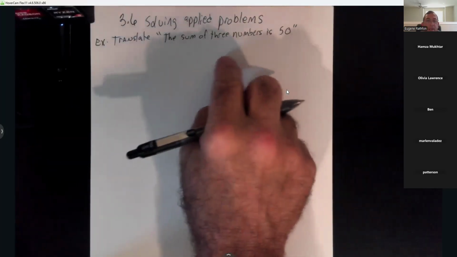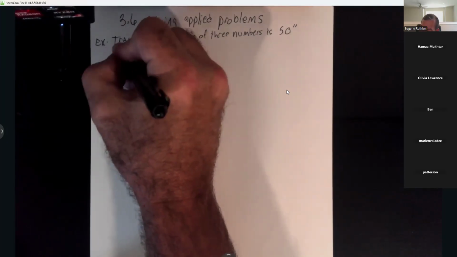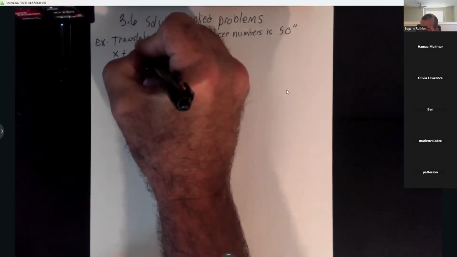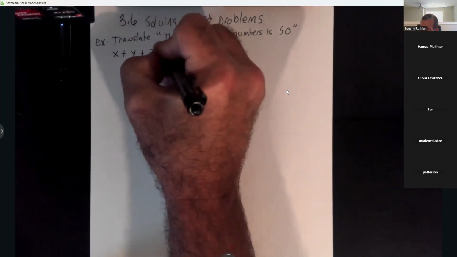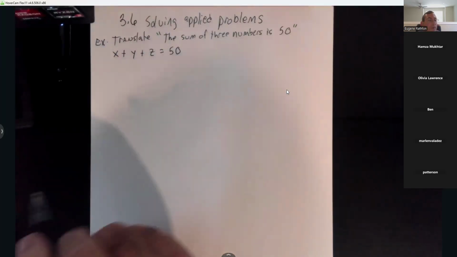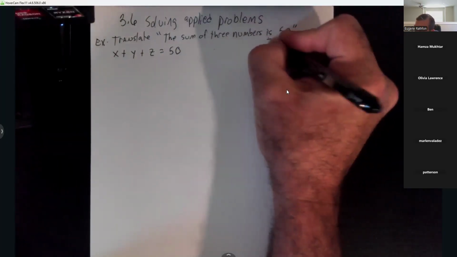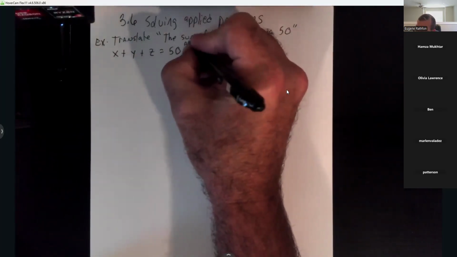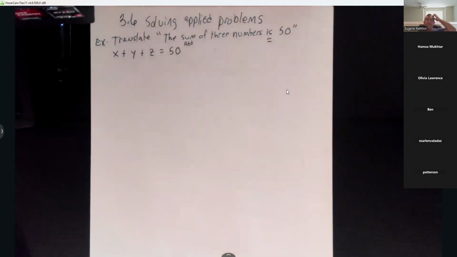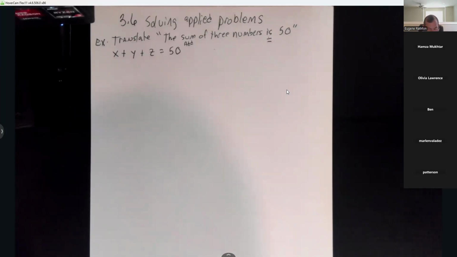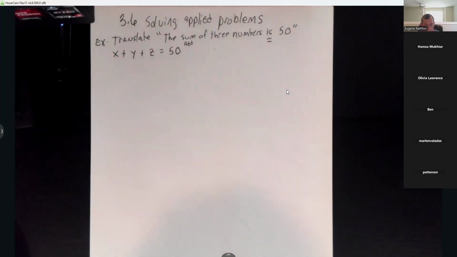So for this one, your answer would be X plus Y plus Z equals 50. So remember, when you're reading, is means equals, sum means you're adding, okay? So y'all, there's a couple you're going to do like that. Just two of them.